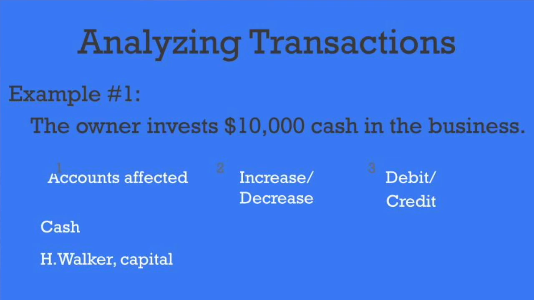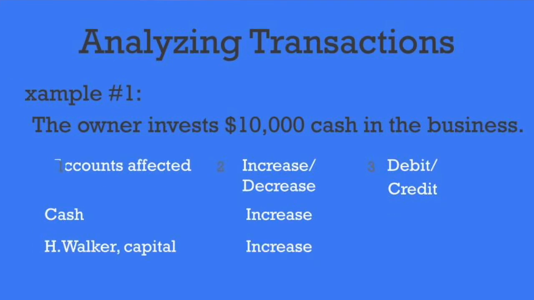The owner put $10,000 into the business in cash. Cash goes up. The other thing is that the owner invests. That would be considered owner's equity. So I think the specific account would be capital. That goes up by $10,000 too, because the owner now is owed $10,000 by the business. So the accounts affected would be cash and capital.